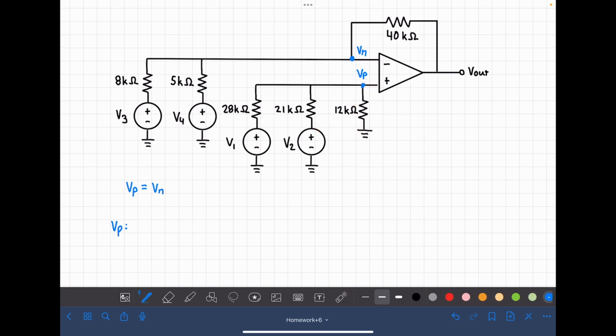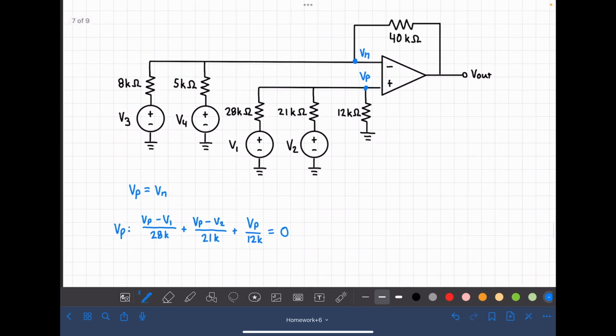The first one, we'll do Vp minus V1 divided by 28 kiloohms, and then add Vp minus V2 divided by 21 kiloohms. Then we're going to do Vp minus 0, since we're going to ground, divided by 12 kiloohms. And all this is equal to 0.